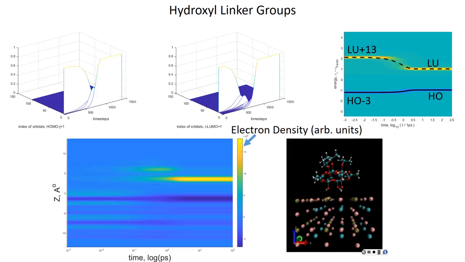And this axis represents time. So essentially what this is saying is that right away your hole starts in the HOMO -3. It decays, jumps into these two states, and eventually it's completely localized within the HOMO.